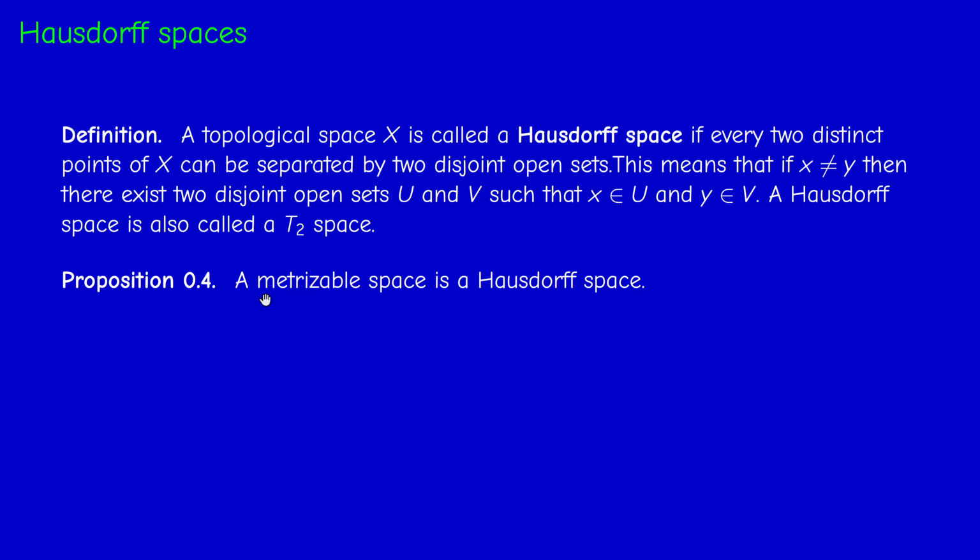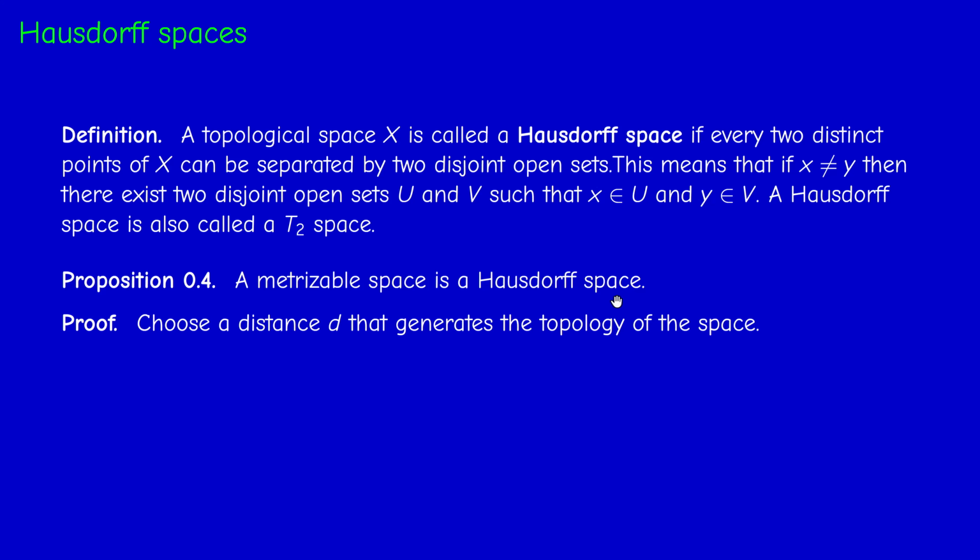The first almost trivial result is that a metrizable space is a Hausdorff space. Why? First choose a distance d that generates the topology of that space. Now, d is not unique. You may choose any distance you like as long as it generates the given topology. Since x is different from y, the distance between x and y is strictly positive.